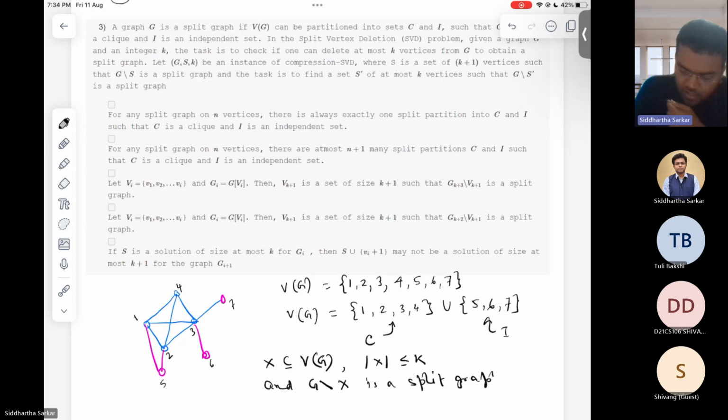So we delete these vertices of X from G, and the resulting graph is a split graph.